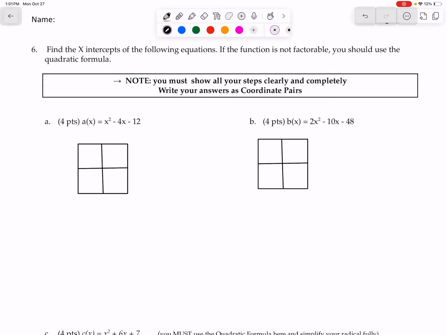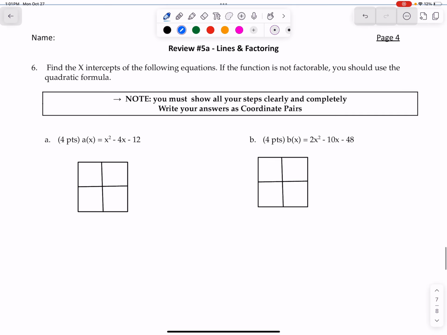What I know here is I'm going to have an x times x equals x squared. I don't know the other two, but they have to multiply together to make negative 12. So always figure out what multiplies to 12. So it's either 1 times 12, or 2 times 6, or 3 times 4.